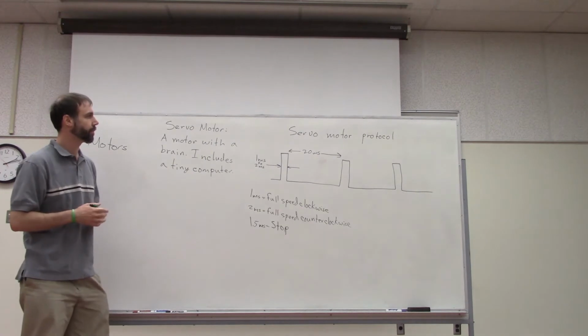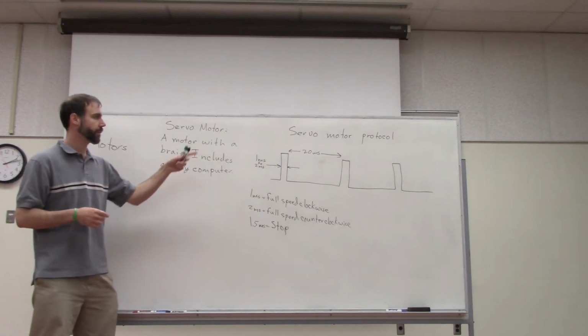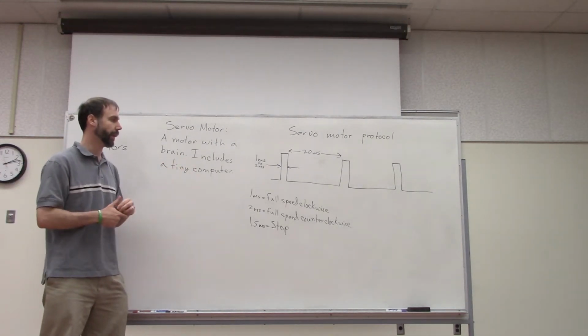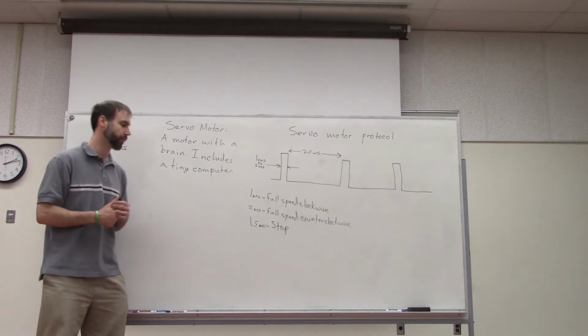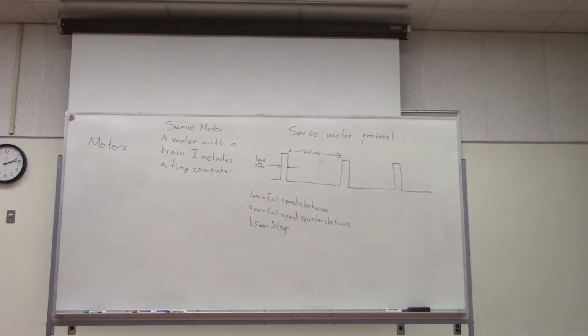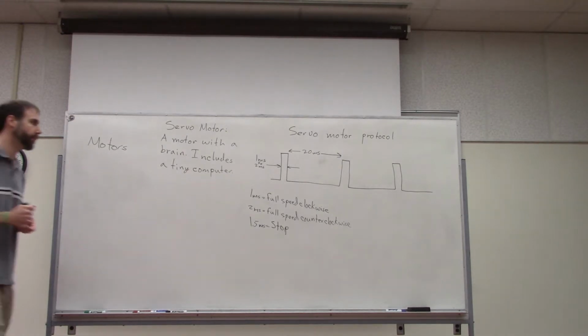Okay, so this is the type of signal that we have to send to our servo motor to get it to move. So let's see how we can use our programming language to actually send those kinds of signals.